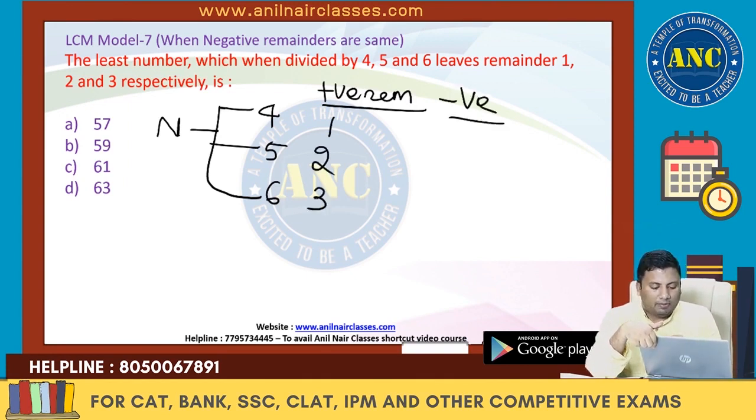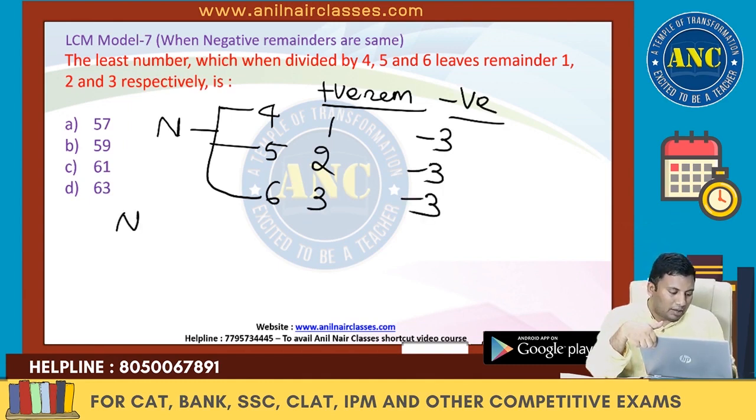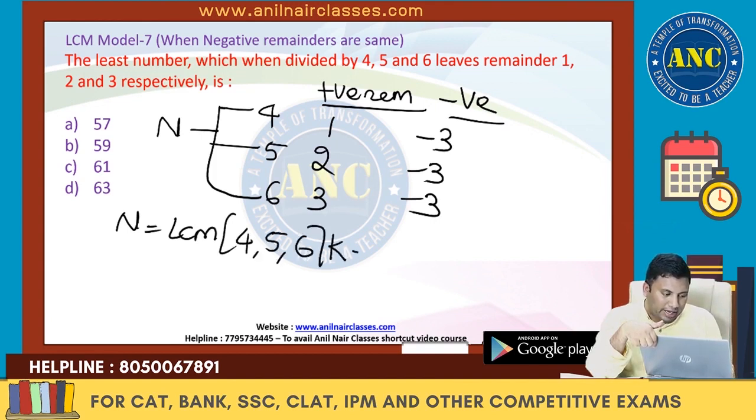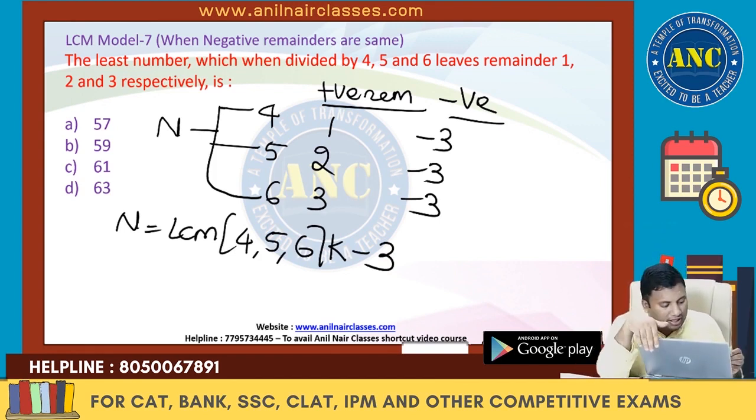The negative remainder will be minus 3, minus 3, minus 3. The number is nothing but LCM of 4, 5, 6 into k minus 3. Now, if you see here, method 1.